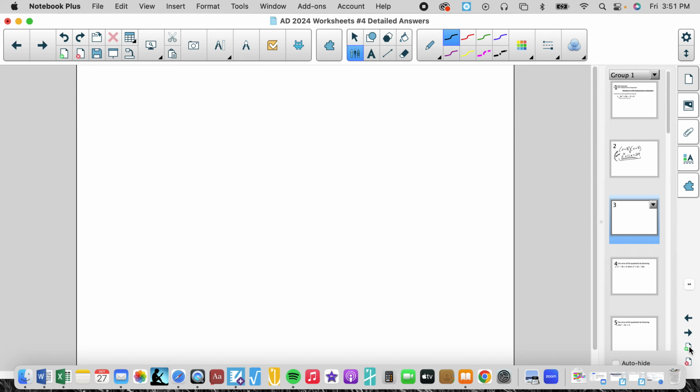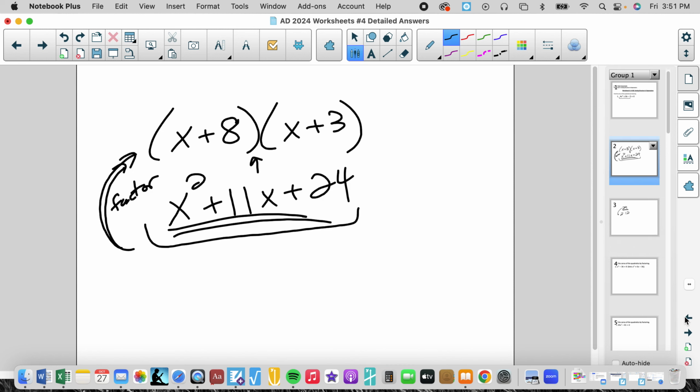Much like if we have 24, factors of 24 can be 2 and 12. So we turned a term into the product of something. So if we are given this 3-term and turn it into a product of something, that's called factoring.